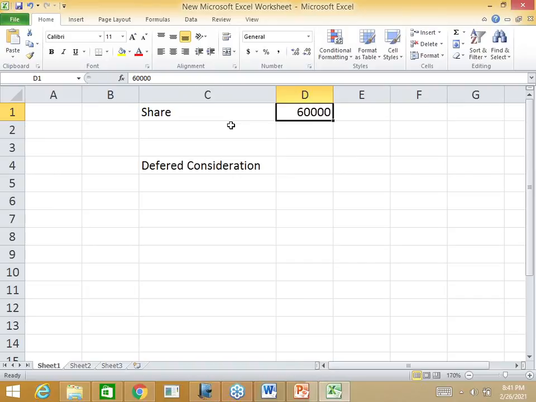For each share, the total payment will be 58,080.